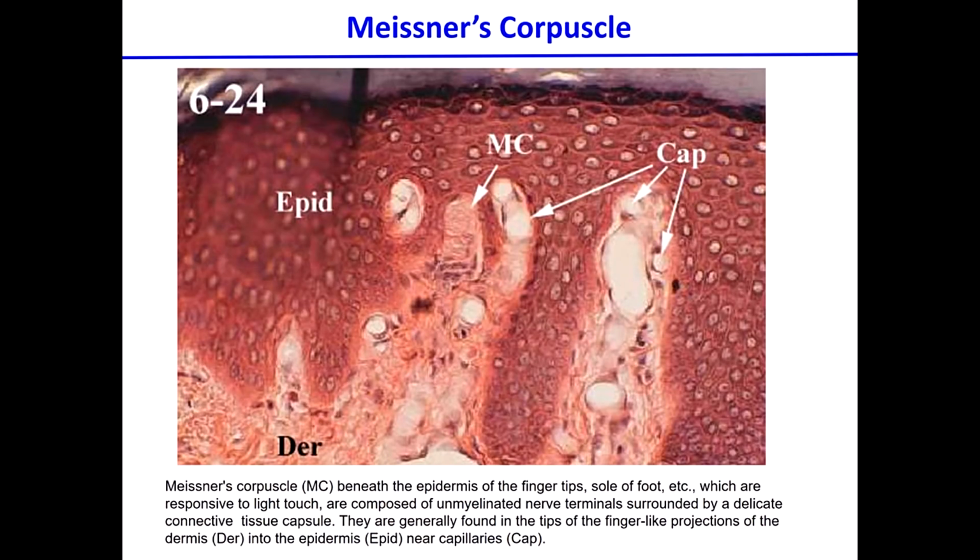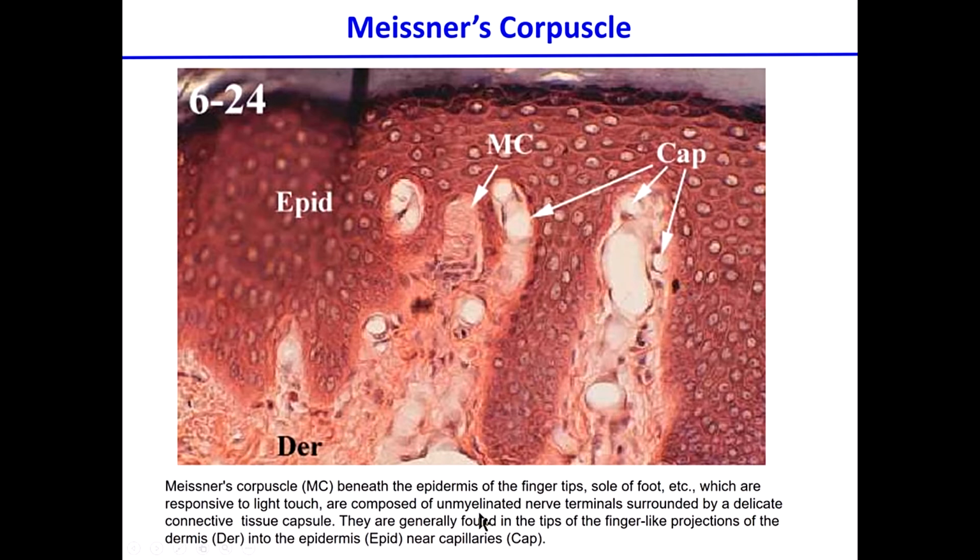All right. This is also close to the skin. Actually, in the dermis of our skin, is the Meissner corpuscle, named after Dr. Meissner, and these are kind of finger-like protrusions into the epidermis and the dermis of the skin that have the same sensitivity. We have plenty of these in our fingertips and in the soles of our feet, and they are responsive to light touch.